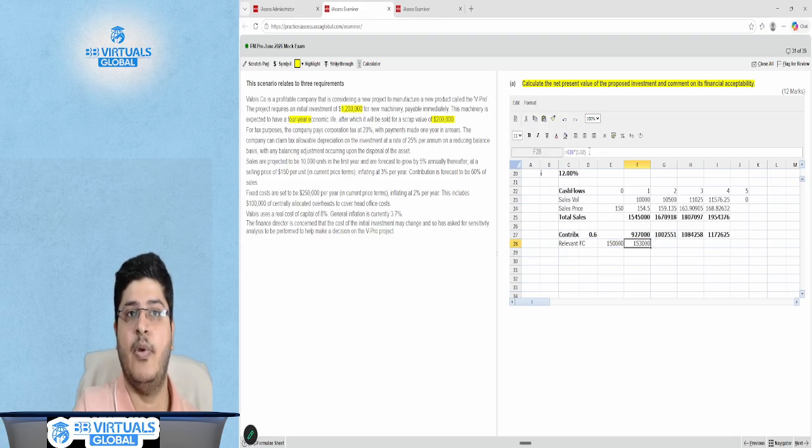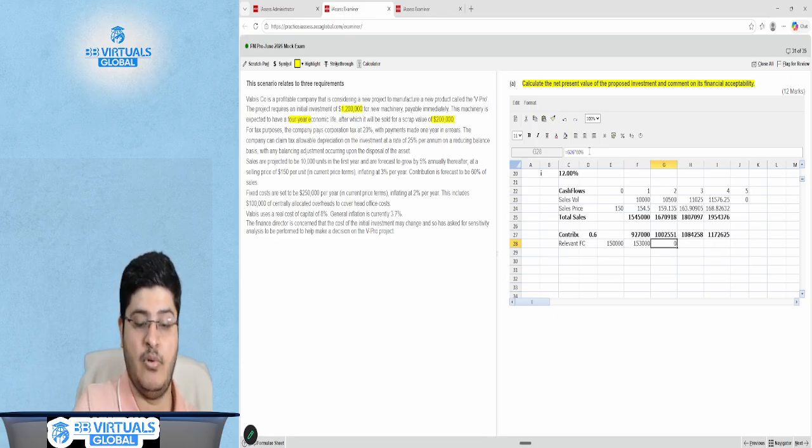Now I will copy and paste this here. This is not getting copied, I guess, no problem, into 1.02. Again into 1.02. Clear?